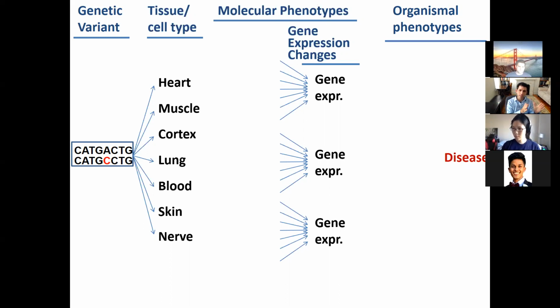And then quantitative trait basically means that I'm not going to be looking at diabetes or no diabetes, schizophrenia or no schizophrenia. Instead, I'm going to be looking at a quantitative trait. Height is a quantitative trait. Gene expression level is a quantitative trait. So when we talk about a quantitative trait locus, this is a genetic locus that controls a quantitative trait. And what is that quantitative trait? That quantitative trait is expression. So when we talk about eQTLs, we're going to be talking about expression quantitative trait loci.